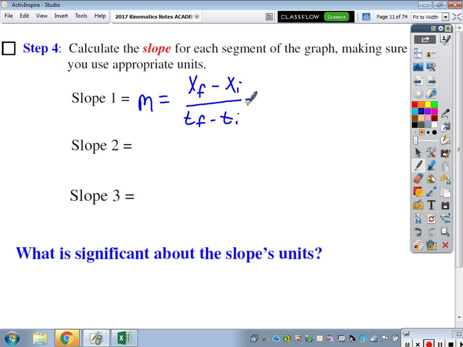Now, in my many years of teaching physics, I've seen many students make a certain mistake. And it ends up being the association of the correct position with the correct time when it comes to this calculation. So I'll tell you what I do, and then you do whatever your little heart desires. Okay? But I think that what I do is helpful for many of us.